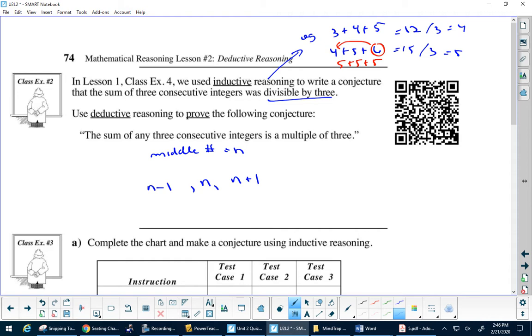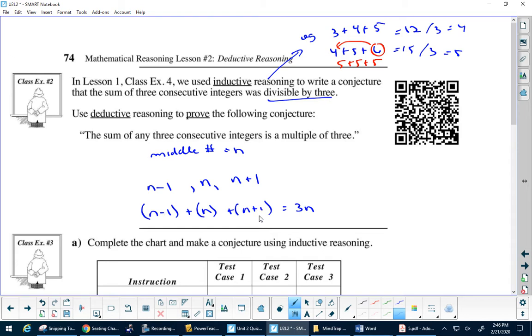Now, let's add these together. Let's add n minus 1 plus n plus n plus 1. So we would go n plus n plus n equals 3n. And then we have a negative 1 and a positive 1.